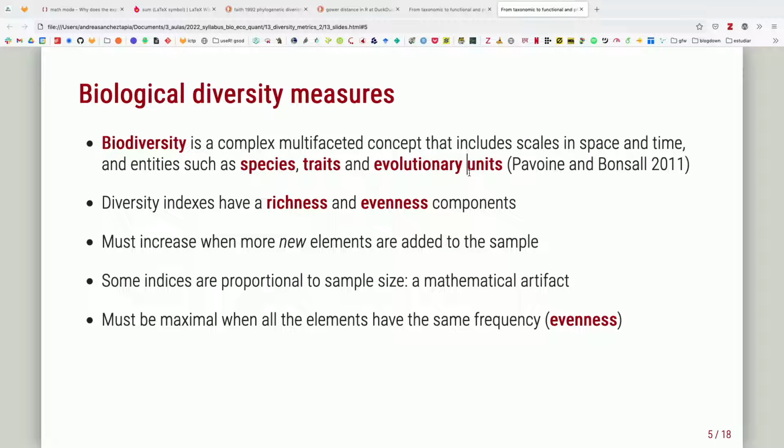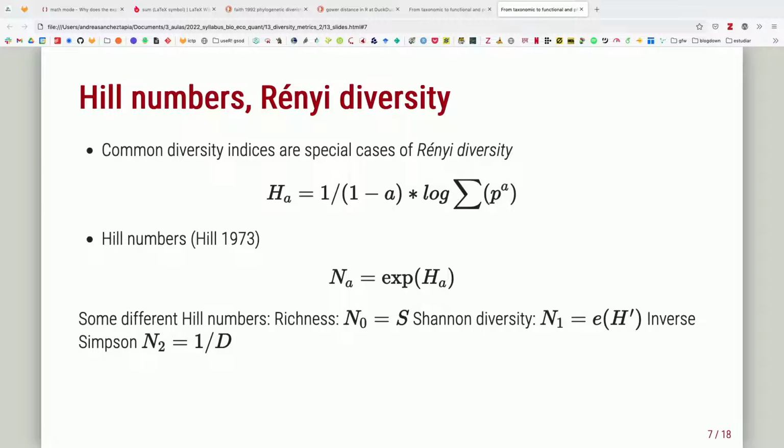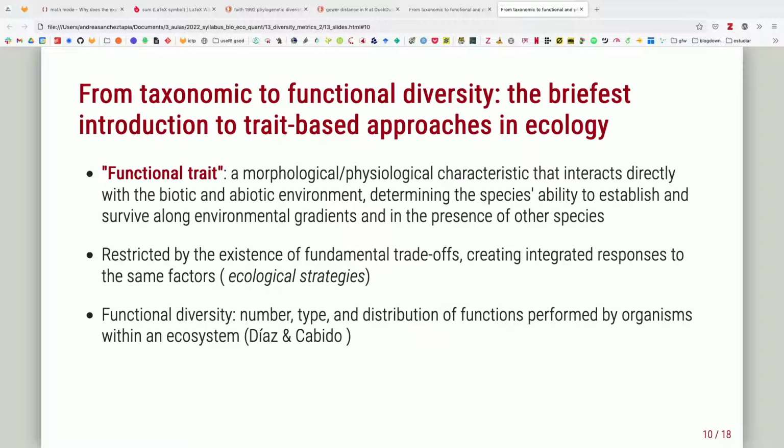So we know that even if two cactus species are two different species, functionally they are super similar. So a community made of only cacti species is less functionally diverse than a community that has different life forms or different heights. So when we were measuring diversity, lots and lots of calls were made that we have to go beyond taxonomic diversity.